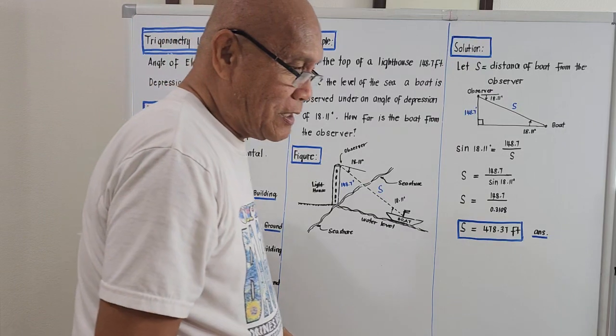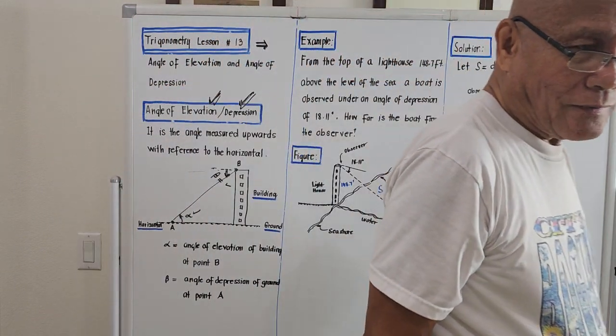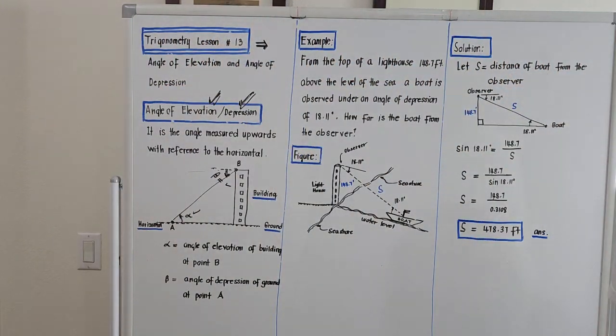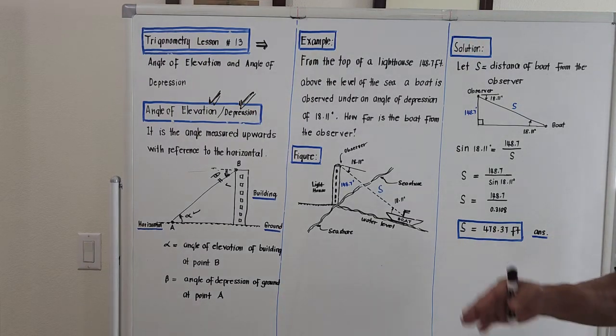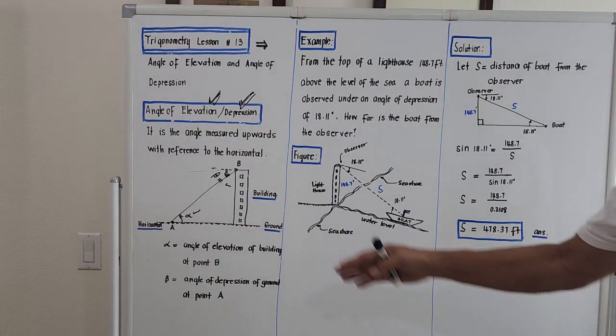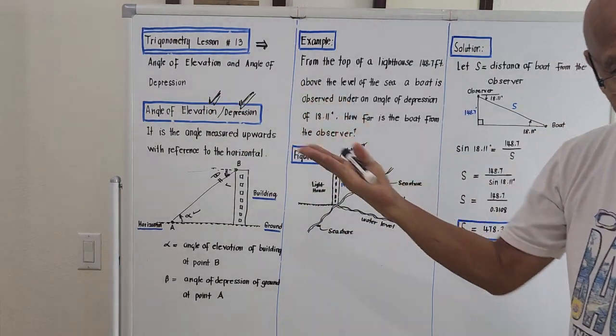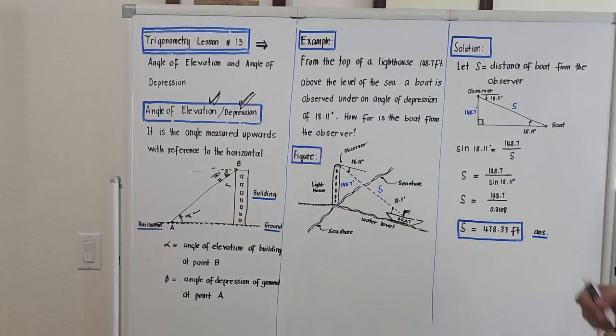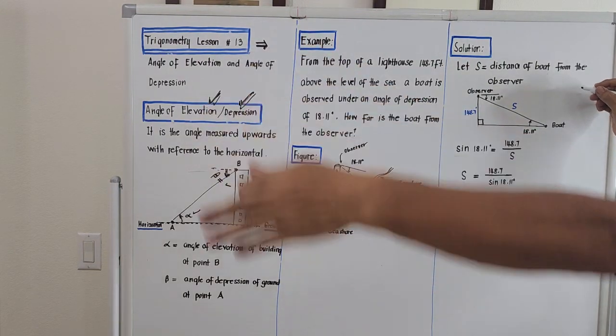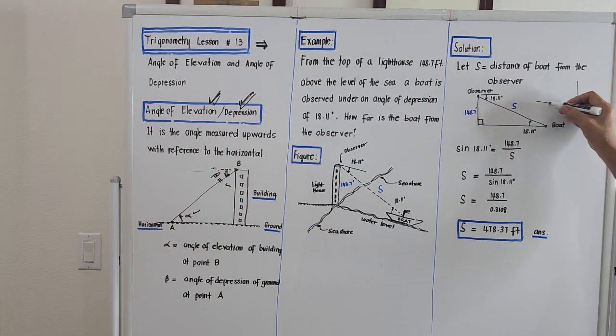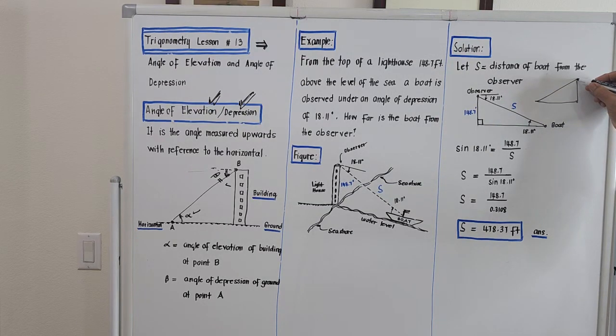Okay, I will try to give you an example problem on the application of right triangles in conjunction with angle of elevation or depression. From the previous discussion, the subject matter will be the solution of right triangles, right?